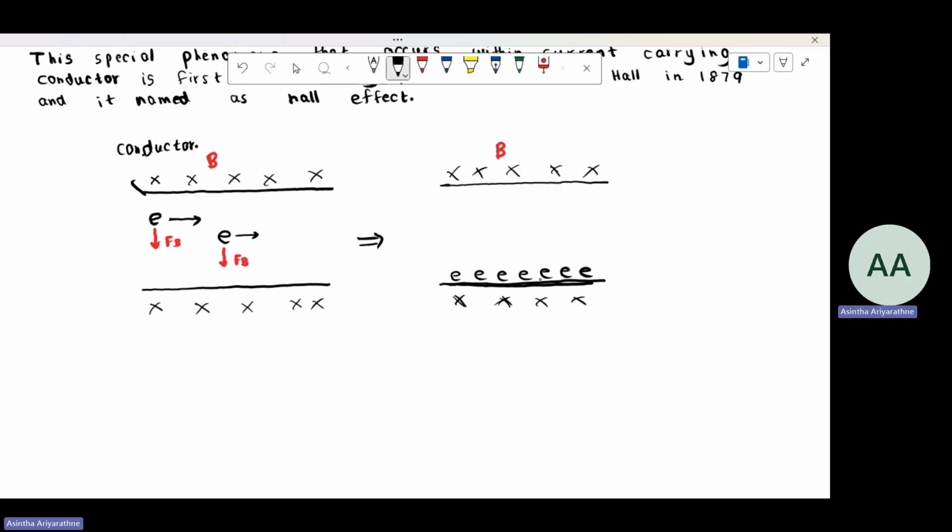And the top part of the conductor is positively charged relative to the bottom. Electrons are accumulated on the bottom of the conductor due to the magnetic force acting on them. They are shifted downward. Now the bottom side is negative relative to the top side.